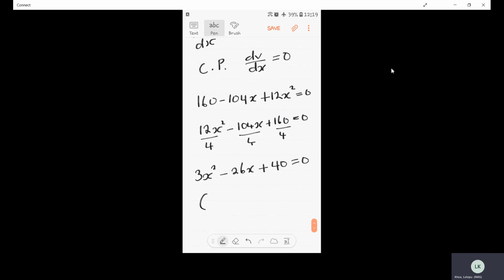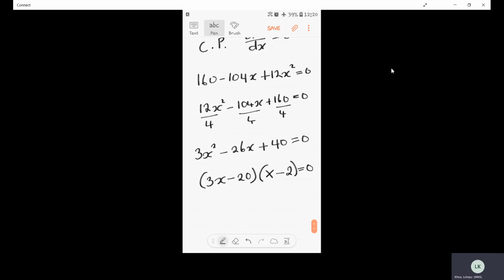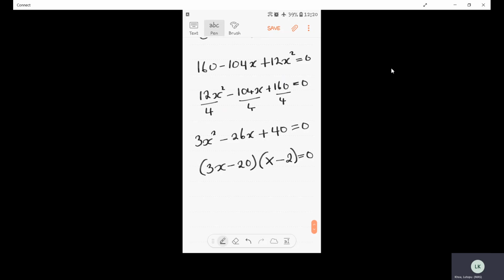So when you factorize this, you end up with 3x minus 20, then I have x minus 2, and this is equal to 0. So it's factorized.